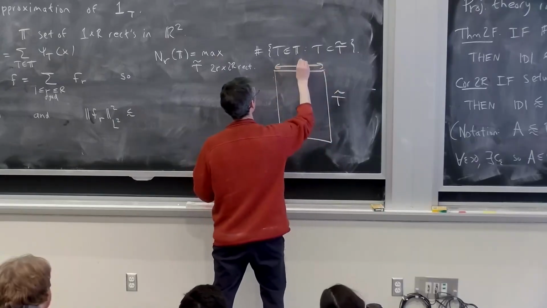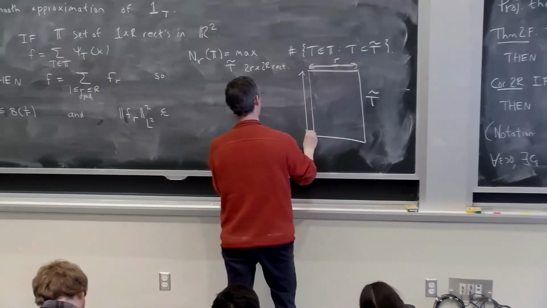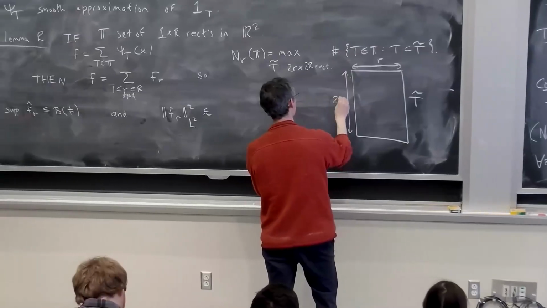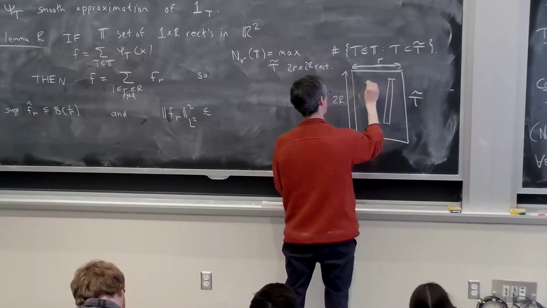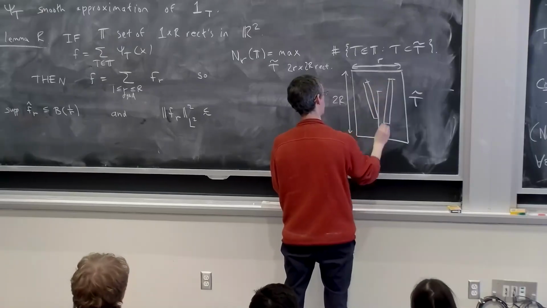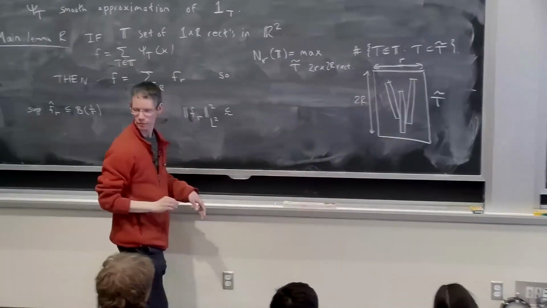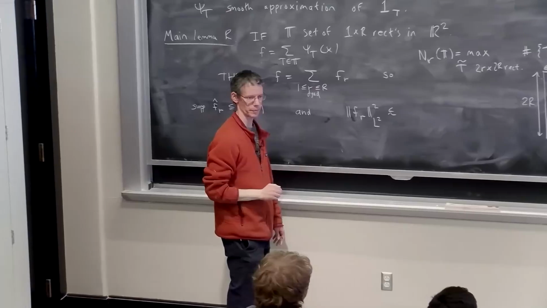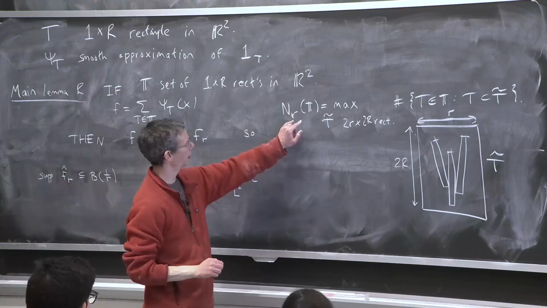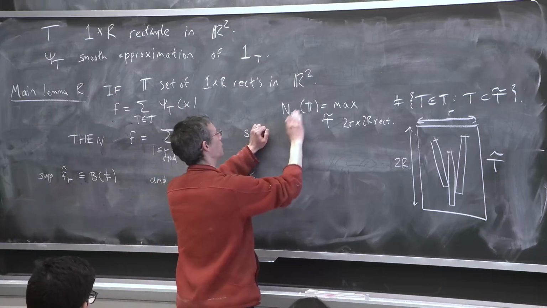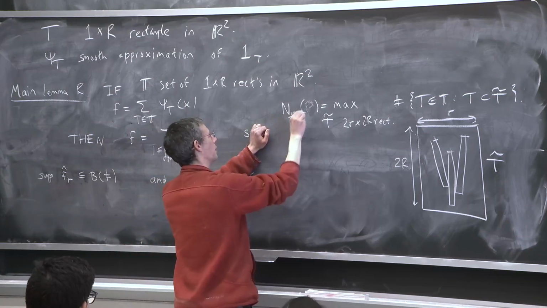This axis is little r, basically, and this axis is big R, basically. Maybe it's good to put 2 big R. And inside of here, there may be a bunch of our tubes. And I guess to be consistent with before, I should actually do this.